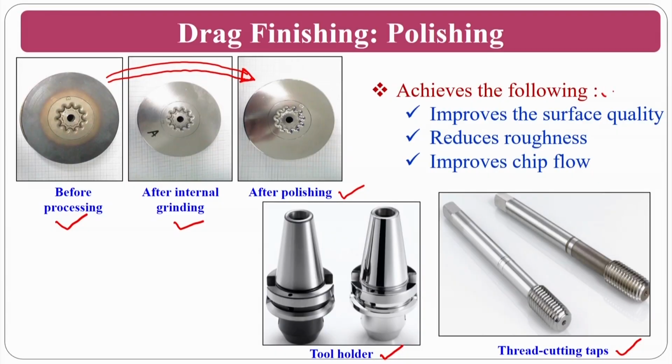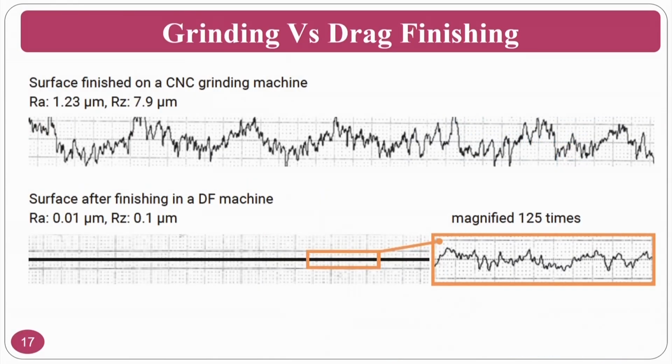This improves the surface quality, at the same time reduces the roughness and improves the chip flow also. That means that, as I said, if the chip flow is increased, material removal per unit time will increase. That means that your production rates are increased, so that you can be competitive in the market.